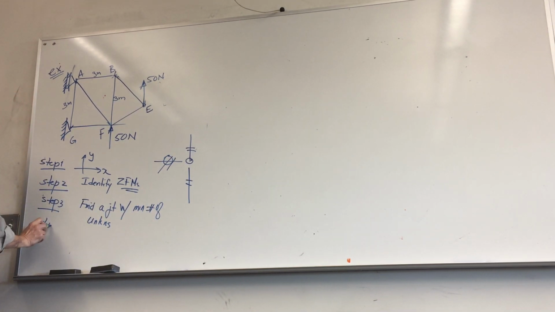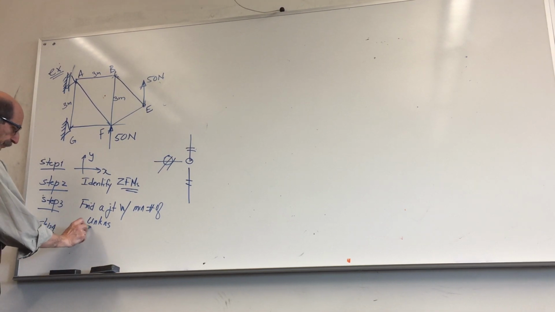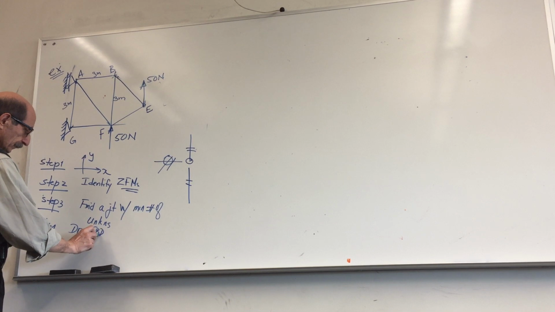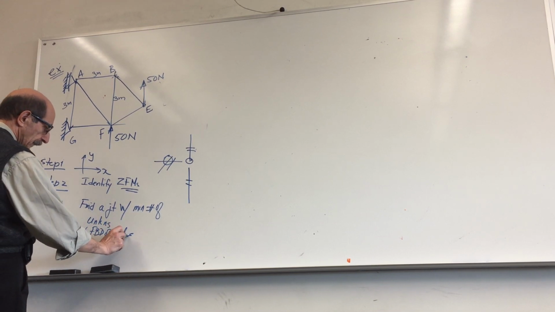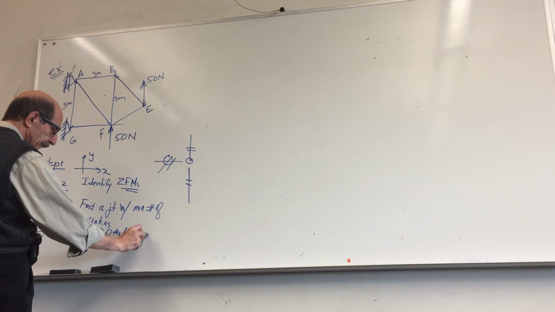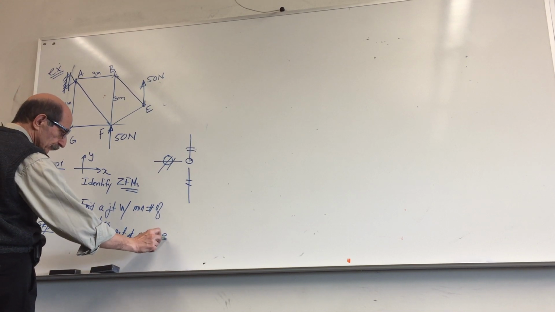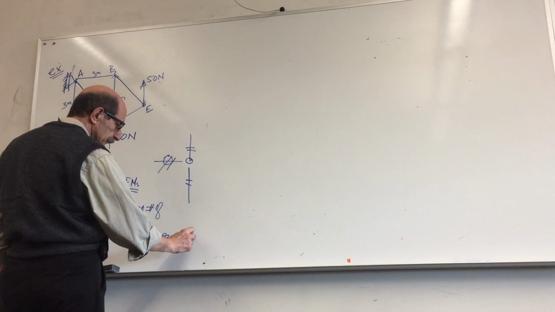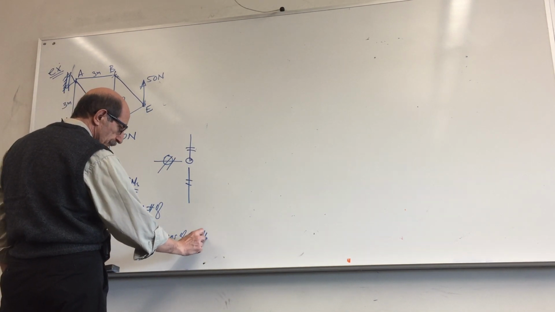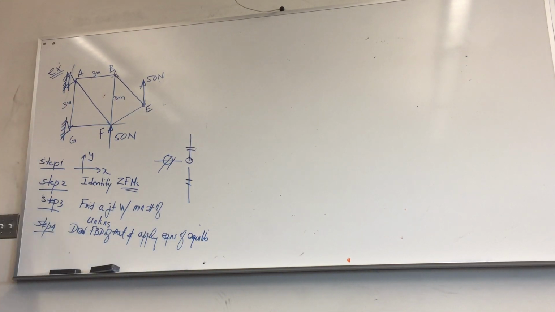Then draw the free body diagram of that joint and apply equations of equilibrium to find all the unknowns on that joint.